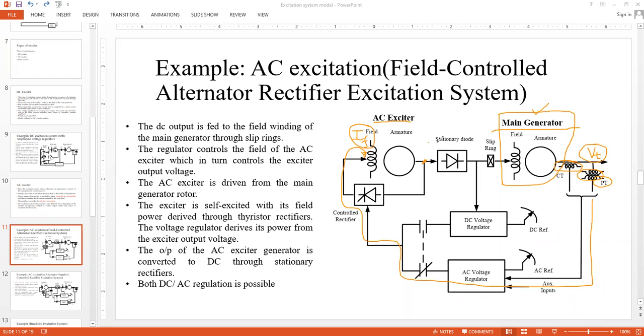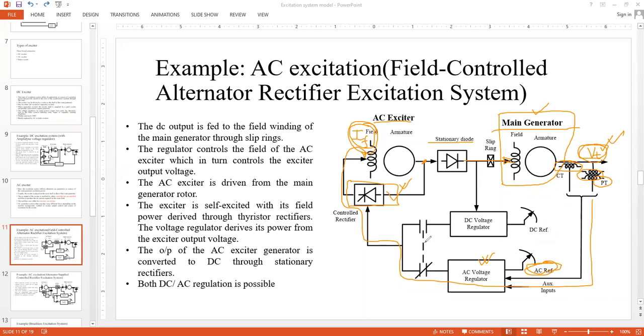Then this AC is rectified. You are getting the DC where there is no further control. So the actual control is happening here with this block. And when the firing angle will change, whenever there is any VT other than the AC reference. Okay, so there is a reference set point. The voltage regulator will compare that reference set point with the actual VT.